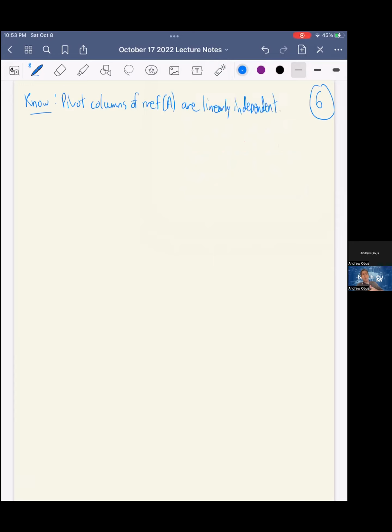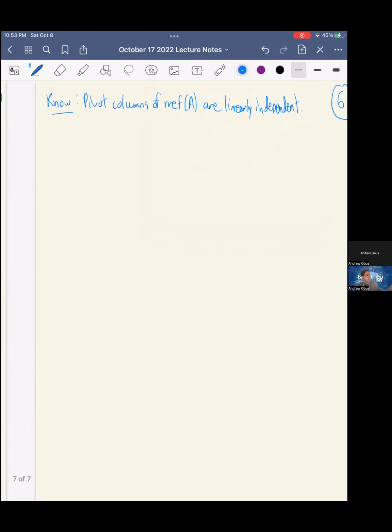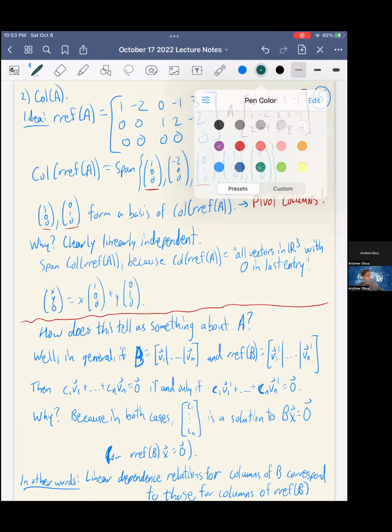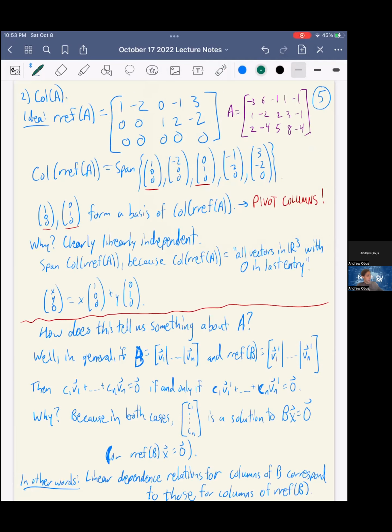Right? There is no linear combination of those pivot columns that gives you the zero vector. Those pivot columns are exactly what we had here. I'll draw them in green, right? The pivot columns were exactly this first column and this third column, right? And so they're linearly independent because they're just standard basis vectors. There's no possible linear dependencies among them.